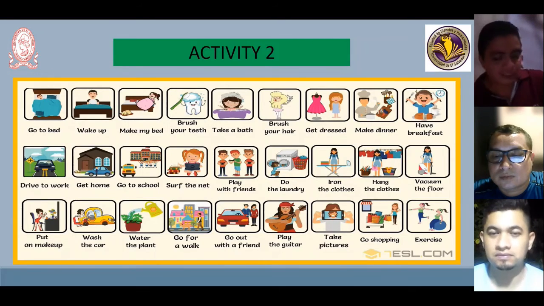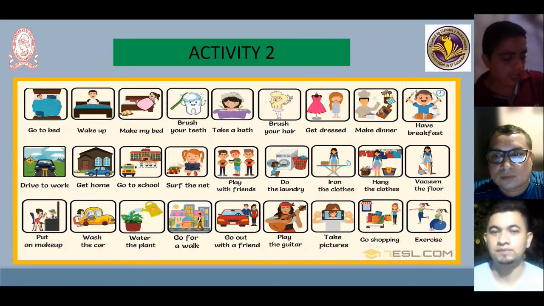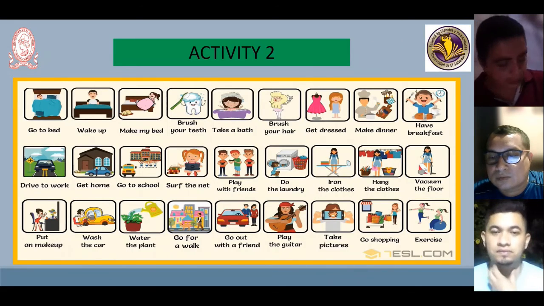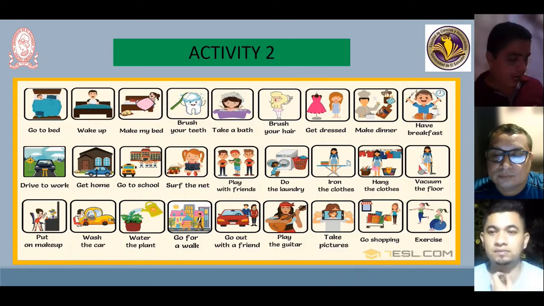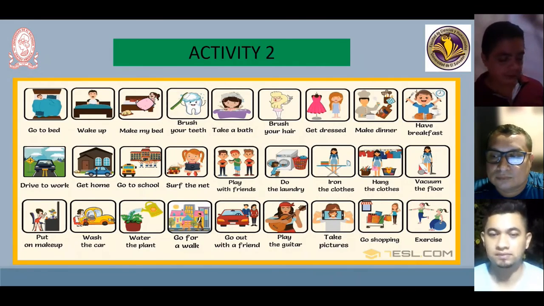I did laundry last Saturday. I play soccer with my friends. I played soccer with my friends last Saturday. I vacuum the floor all weekends. I vacuumed the floor last Saturday.